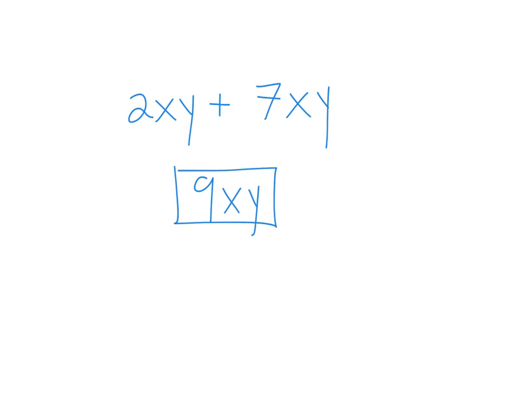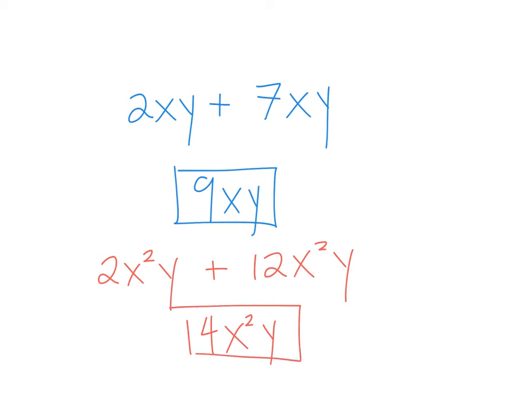I could also see something like 2x squared y plus 12x squared y. Since x squared y is the same here, my variables and my exponents are the same, I can combine those to get 14x squared y. So again, our definition here is we're looking for the same variables and the same exponents.